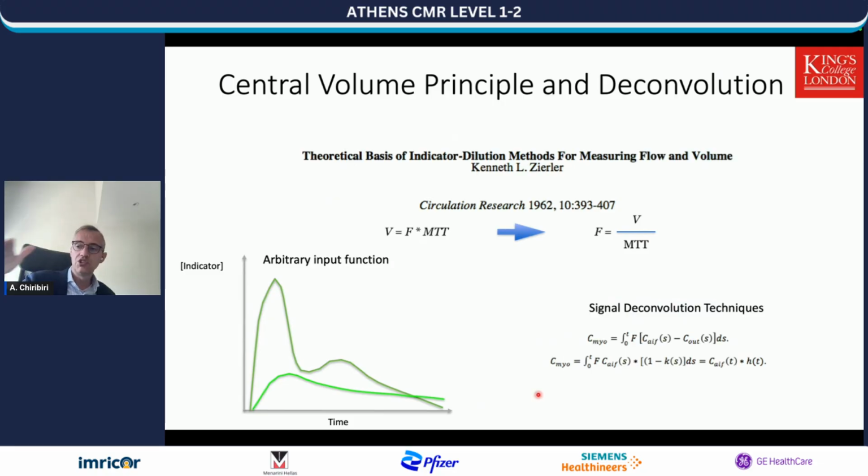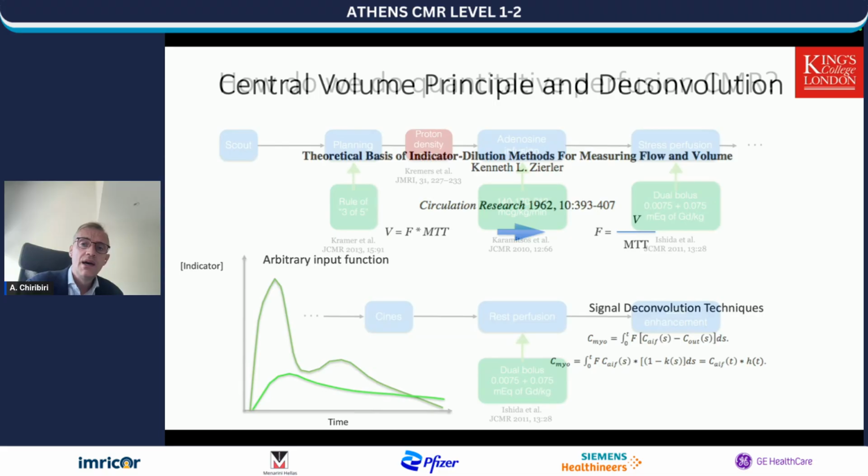From that mono-exponential decay, we can start our vascular modeling and we can calculate the flow. And don't worry, I'll show you in a minute that this is all done automatically. So apart from understanding the main principle of the operation, there's nothing else you have to do to obtain the values.